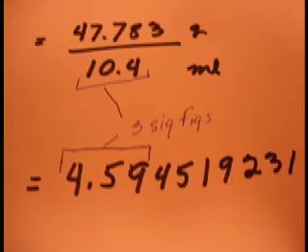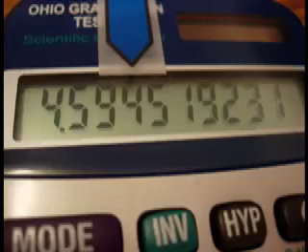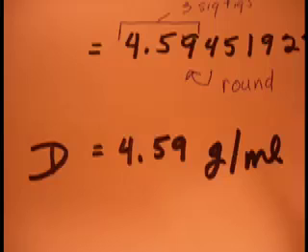Our volume had only 3 significant figures, so our answer can only have 3. We need to round. We look at the fourth number, and that fourth number is 4, which is less than 5, so the number before it stays the same. So our final answer is going to be 4.59 with units grams per milliliter.